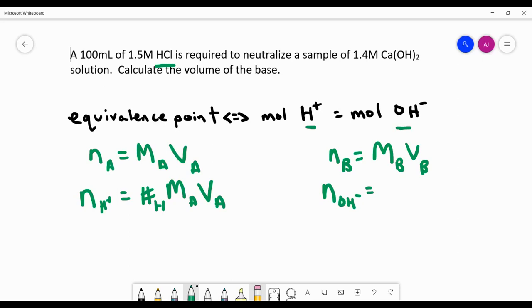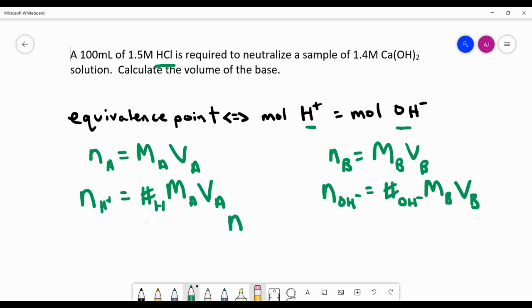And the same thing is going to be true with the base. The moles of hydroxide ions is going to be equal to the number of hydroxide ions per mole of the base multiplied by the base concentration multiplied by the volume of the base.